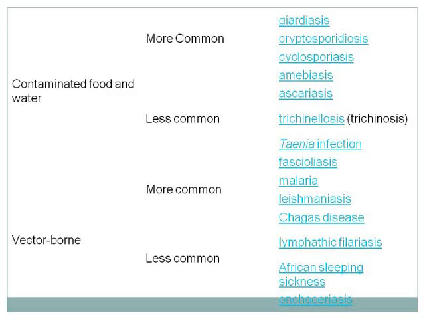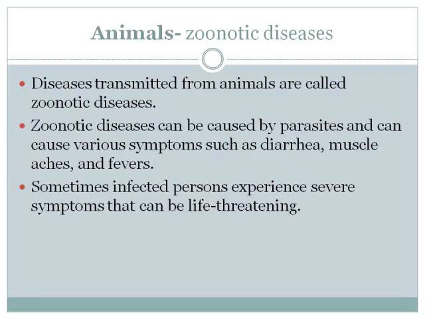Okay, animal-zoonotic diseases. These are diseases transmitted from animals, by definition called zoonotic diseases. These can be caused by parasites, and they usually present with a lot of different symptoms. The most common symptoms, if it happens to be intestinal parasites, are diarrhea, muscle aches, and fevers. That's a typical presentation.